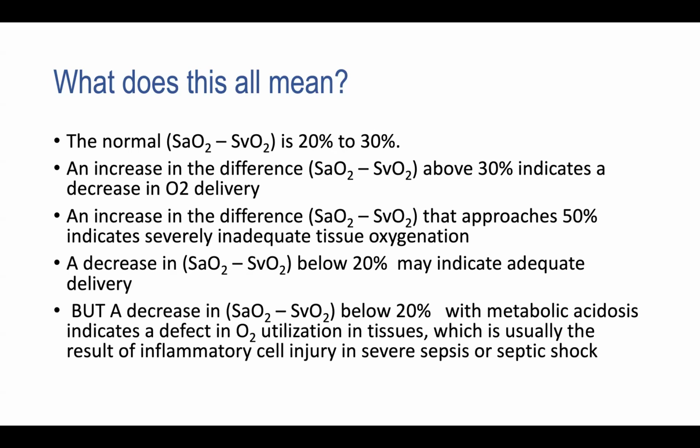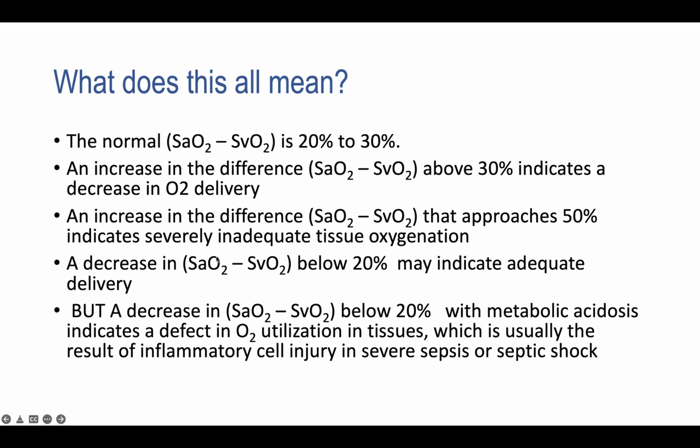You're going to decrease his demand, control temperature, pain, and anxiety. So what you're trying to do is get him back to a normal ratio, but more importantly, you're trying to get him back to the absence of metabolic acidosis.